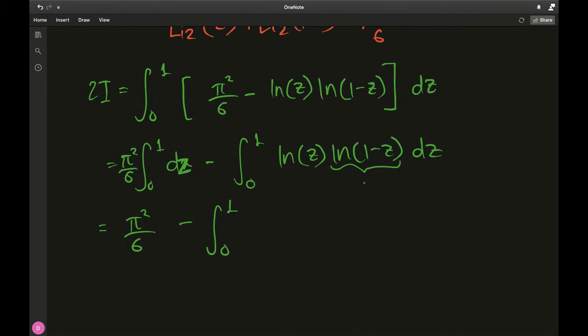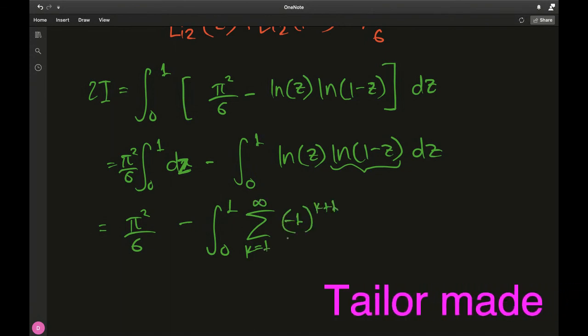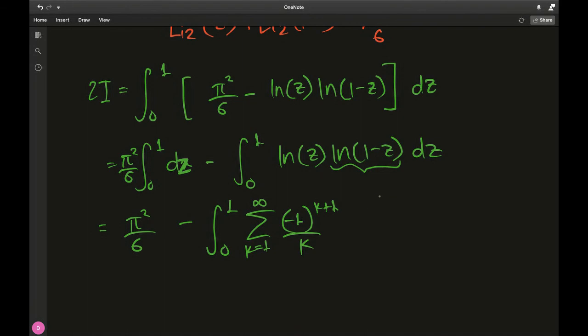to use the Taylor series. So I'm going to use just that, the sum from k equals 1 to infinity of minus 1 to the k plus 1 over k, because there is literally no other elementary technique we can use apart from integration by parts, but that's not really a good idea here.